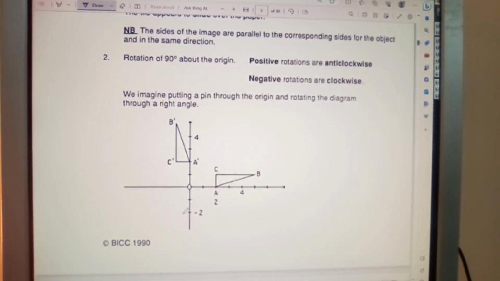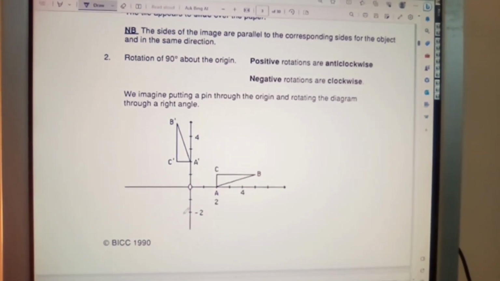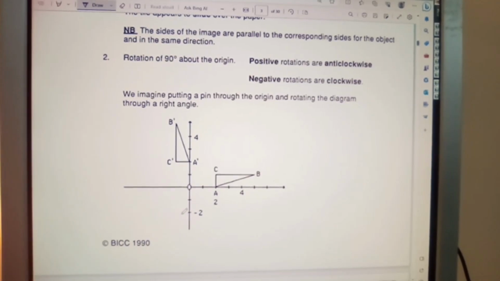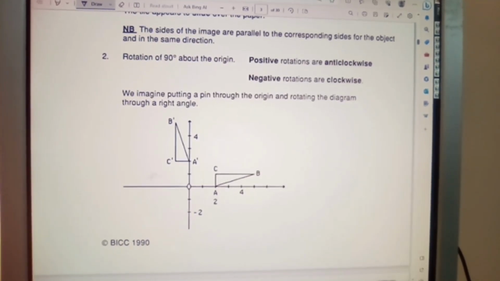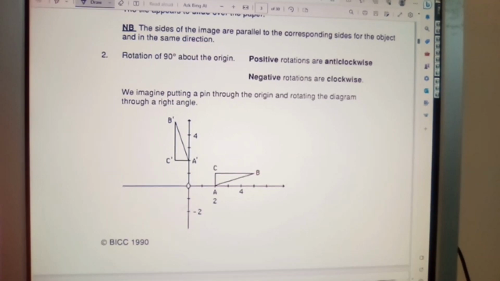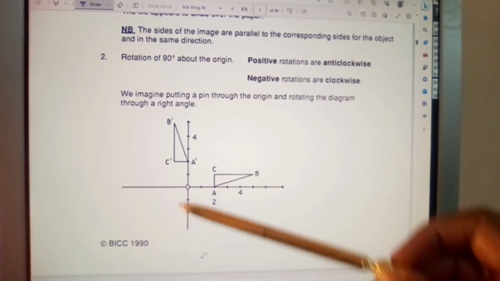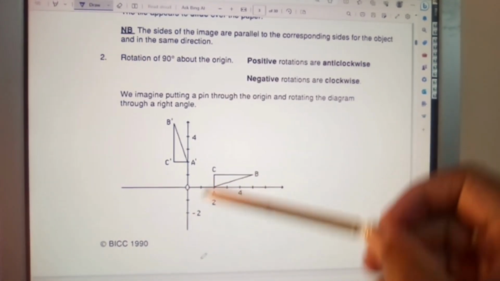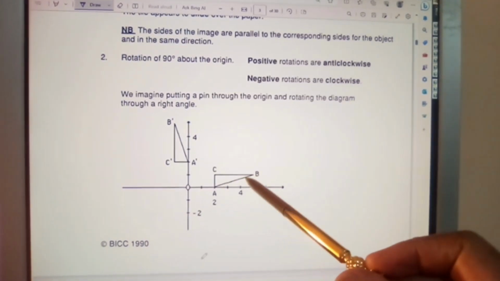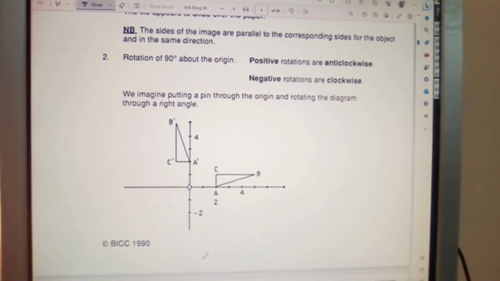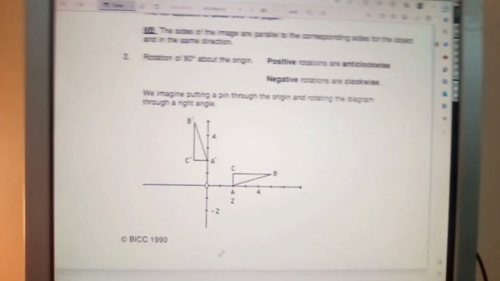We imagine putting a pin through the origin and rotating the diagram through a right angle. So you would put a pin here and simply turn it around, okay? That's what they've done in this case, okay?